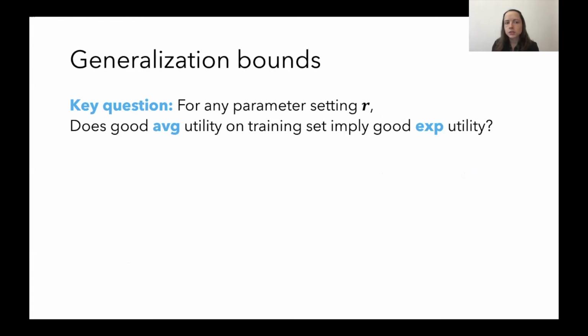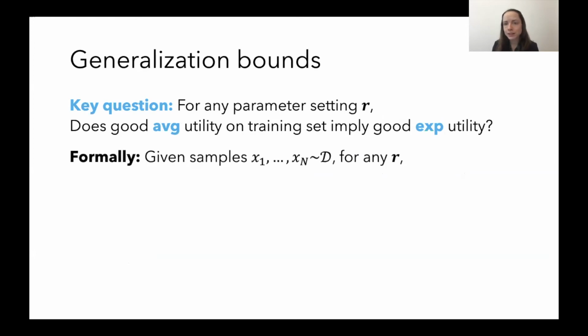So with this notion of dual functions and approximability in mind, I'll tell you about the main result in this paper. So let's remember the key question that we want to answer in this talk, which is for any parameter setting r, if that parameter setting has good average utility over the training set, does this imply it will also have good expected utility on the unknown distribution?